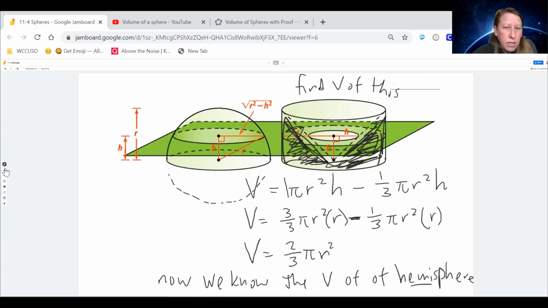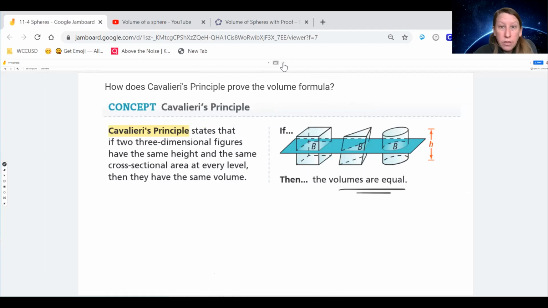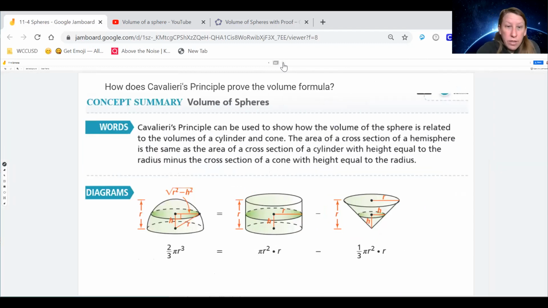And then this is going to be 2/3 pi r cubed, because the height is defined as the radius. Okay. Double it, and we have our formula. So the formula is times 2 equals 4/3 pi r cubed for the whole sphere.